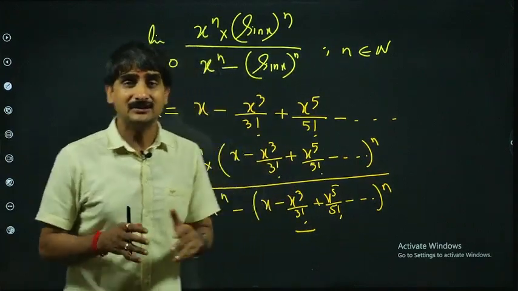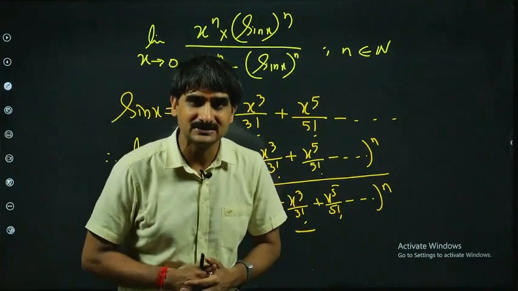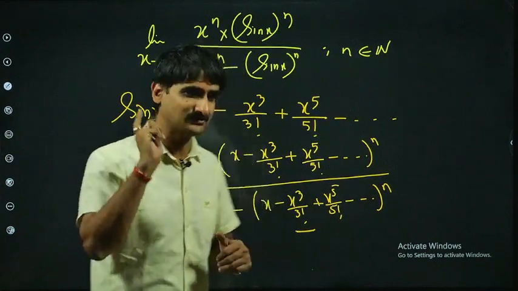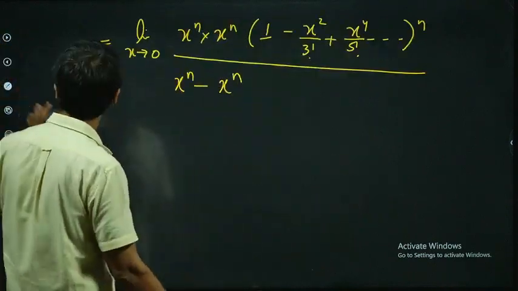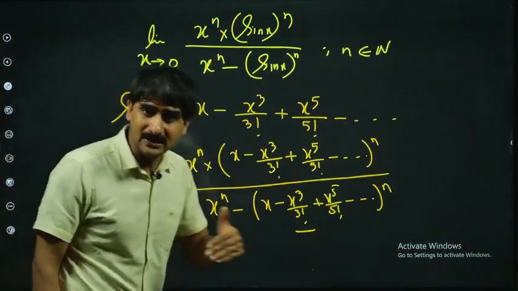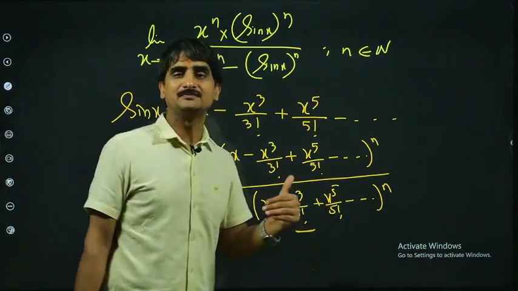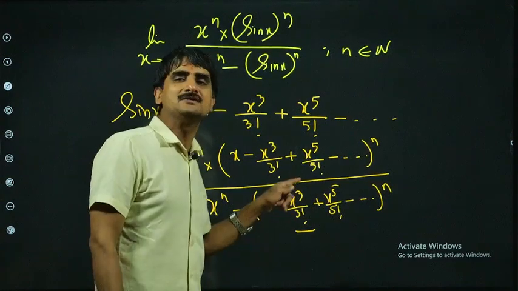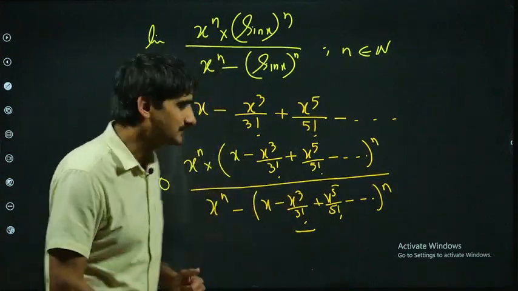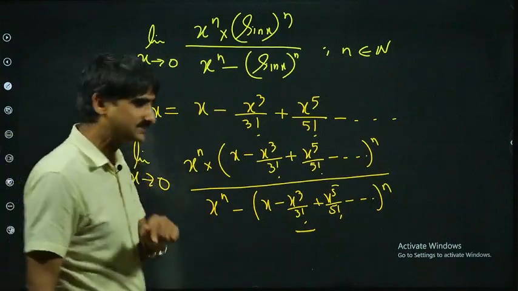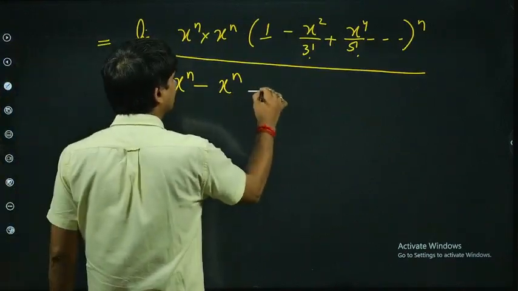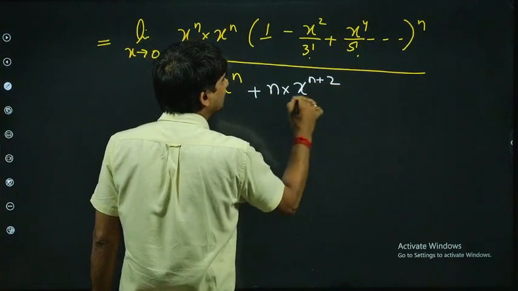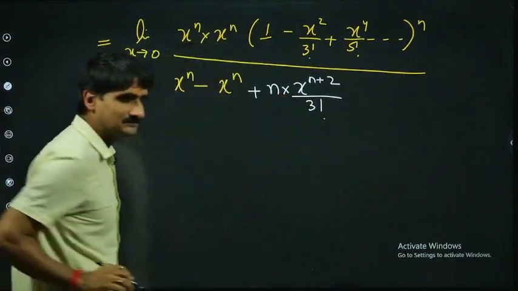Now there are n brackets. In how many ways can you select 1 bracket out of n? In nC1 ways, that is n ways. Since from n minus 1 brackets I am selecting x, the coefficient will be positive, but from 1 bracket I am selecting negative x cube by 3 factorial, so overall it's going to be negative. The minus sign outside makes it positive, so it will be plus n into x to the power n plus 2 upon 3 factorial.